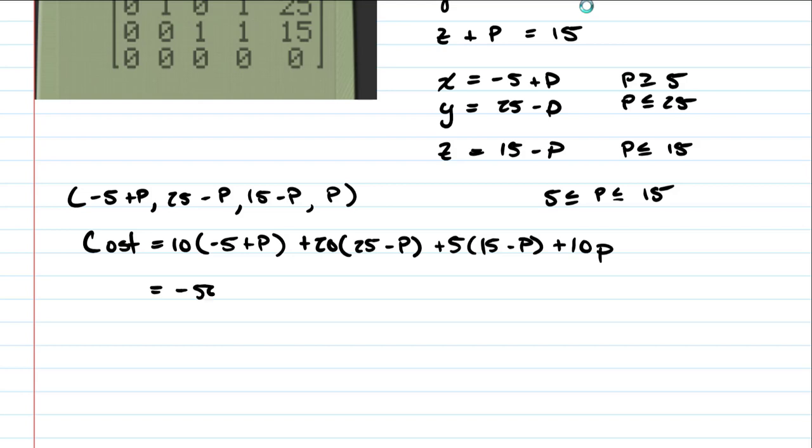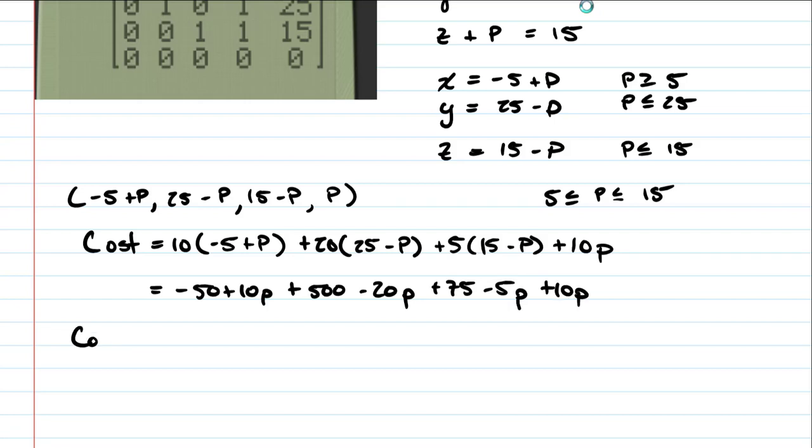So we get negative 50 plus 10p plus 20 times 25 is going to be 500 minus 20p. 5 times 15 is going to be 75 minus 5p plus 10p.